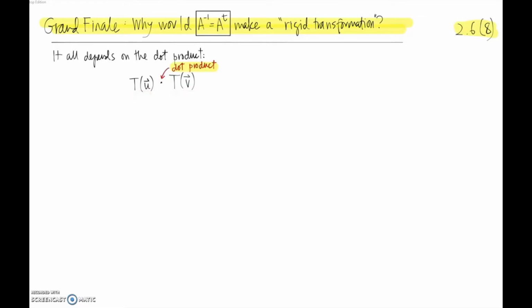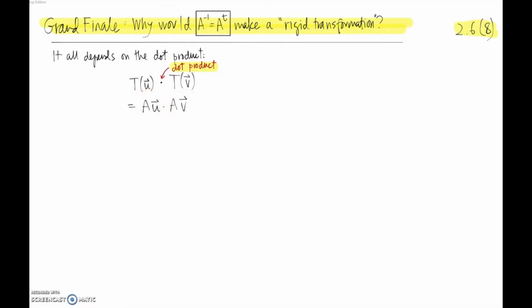And when we take the dot product between those two vectors, that equals AU, because A is the transformation matrix, dotted with AV. And remembering that when we multiply A and U, this is just a vector dotted with another vector.